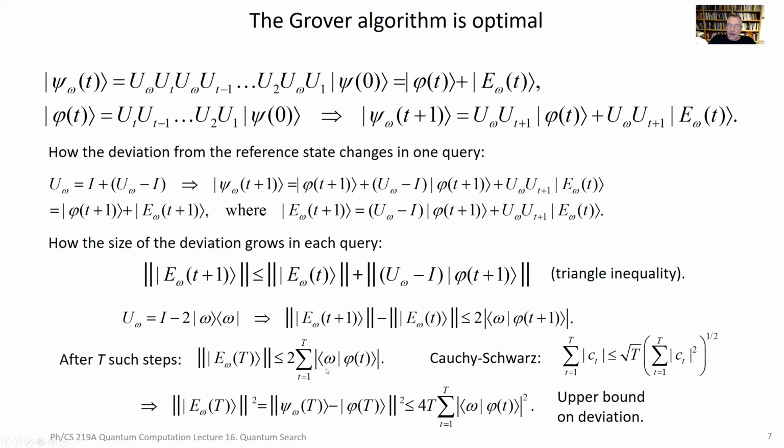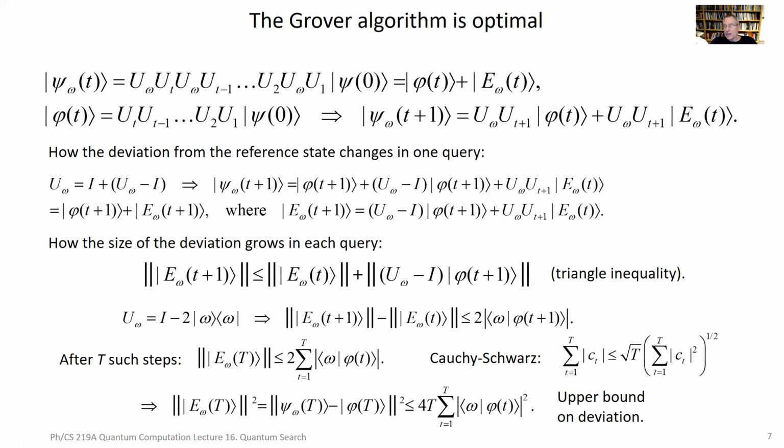So it's going to be the overlap of the marked state with the reference state at time little t, absolute value, times a factor of 2, summed over all values of little t. The first query, the second query, the third query, and so on. So that's my bound on the deviation after capital T queries in the case where the marked state is omega.